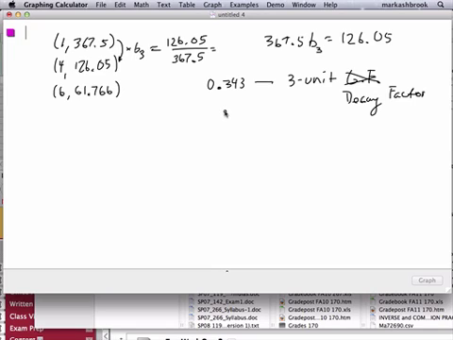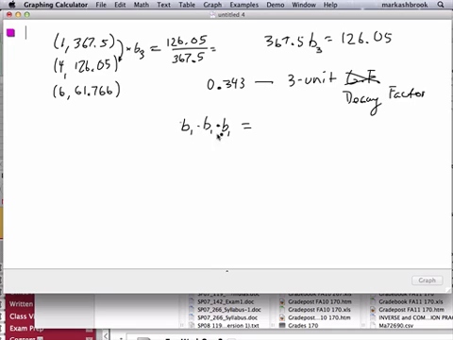Okay, so what about the 1-unit decay factor? It's going to be a third as much as... If you're not sure, it's the number that, if we multiplied, sorry, this should be B's. So call it B sub 1.